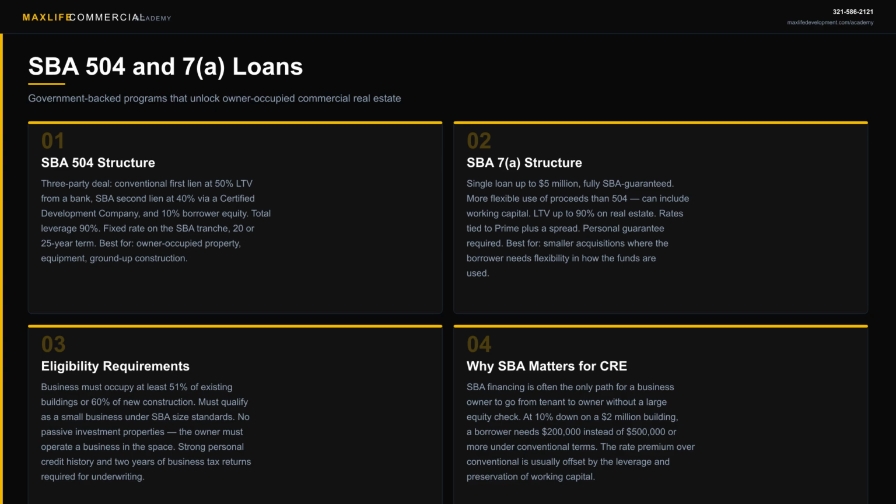The key thing to understand is that SBA is not for investors, it's for operators. If your client owns a business and wants to own their building, SBA should be the first conversation you have. The leverage advantage is dramatic, and the fixed rate SBA second lien through a CDC gives long-term payment certainty. Run the numbers both ways, conventional versus SBA, before you ever call a lender.